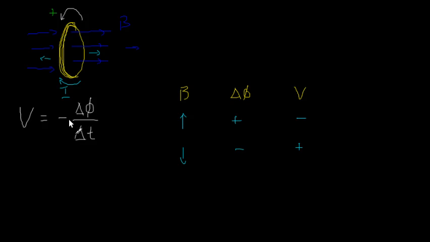And remember that it all comes down to this convention, this practice of giving a positive sign to the direction around the loop that is related to the magnetic field direction by the right hand thumb rule.